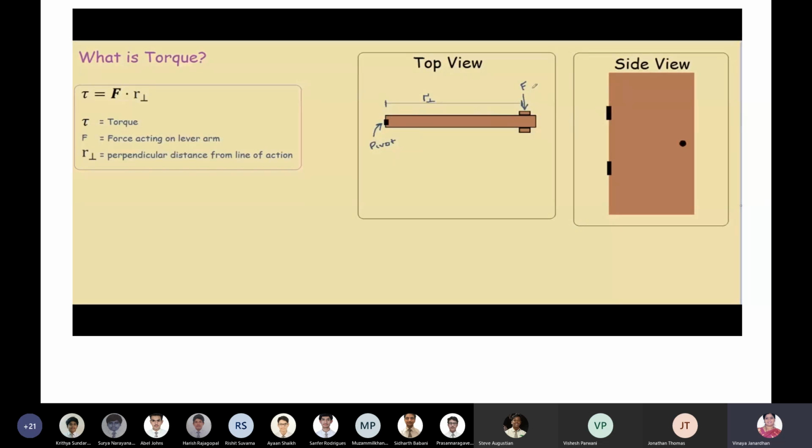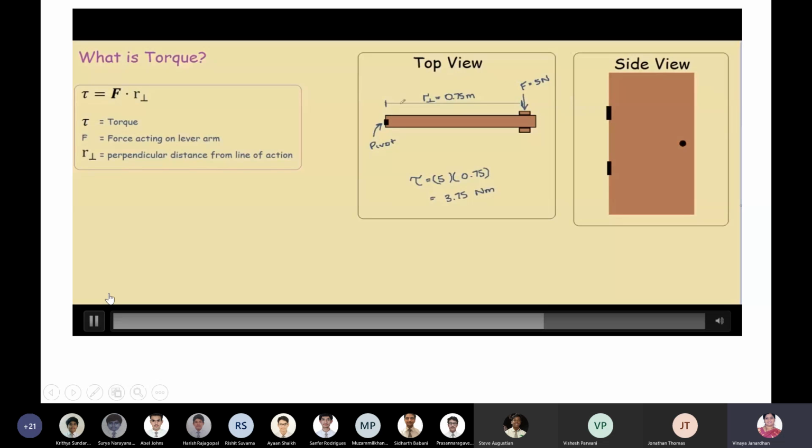Let's go through this example with some numbers. Let's say we have 5 newtons here, and this door is 0.75 meters. The torque is quite simple to work out. The torque is now just F times R, so 5 times 0.75. This works out to be 3.75 newton meters, which is the unit for torque.